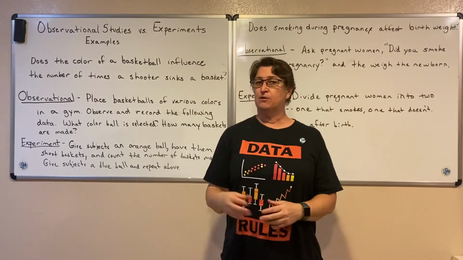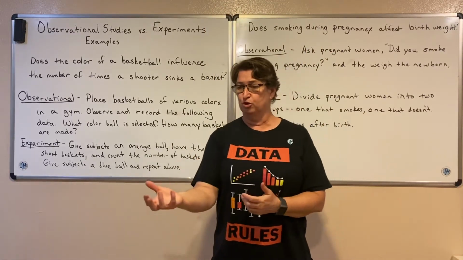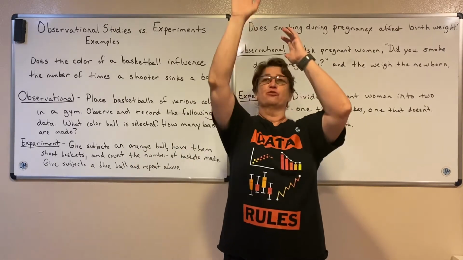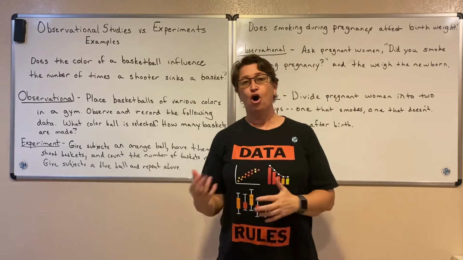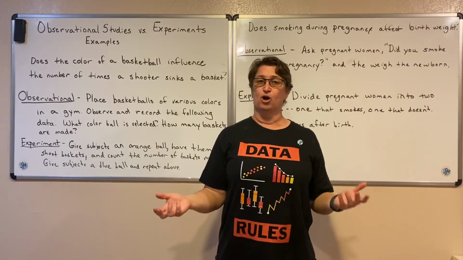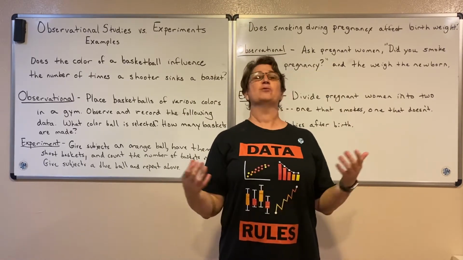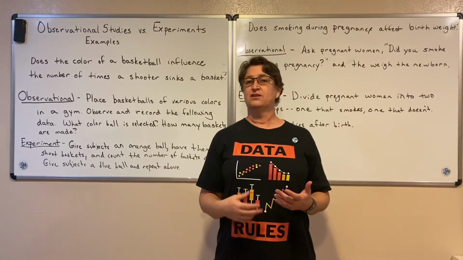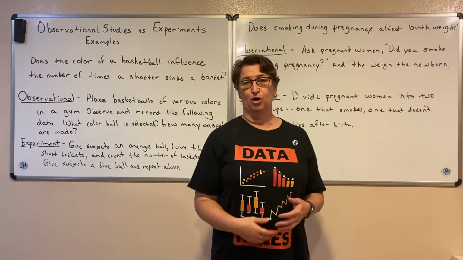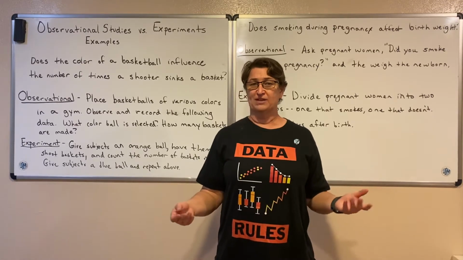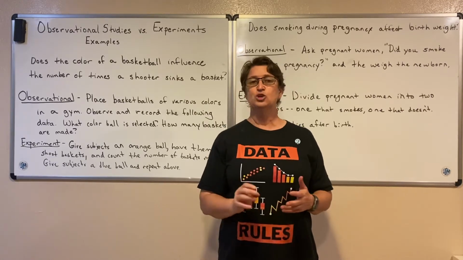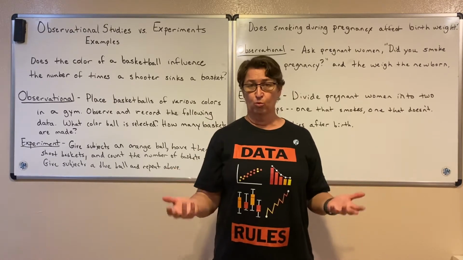Or maybe people who choose the blue basketball are older and it makes it harder for them. All the people who choose a blue basketball on their own may have some sort of similar characteristic, and that's the reason that they chose the blue basketball over the orange basketball. And that similar characteristic may be what's really making them shoot the basket better or worse.